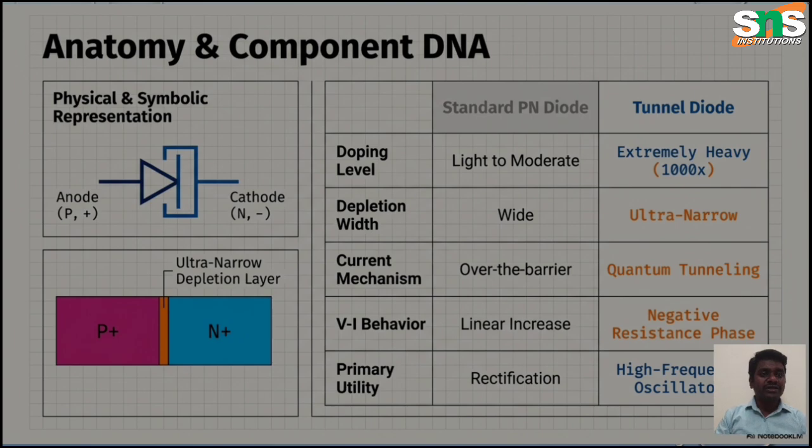This is the comparison between a standard p-n junction diode and a tunnel diode. The doping level is light to moderate for a standard p-n junction diode, and extremely heavy for the tunnel diode.